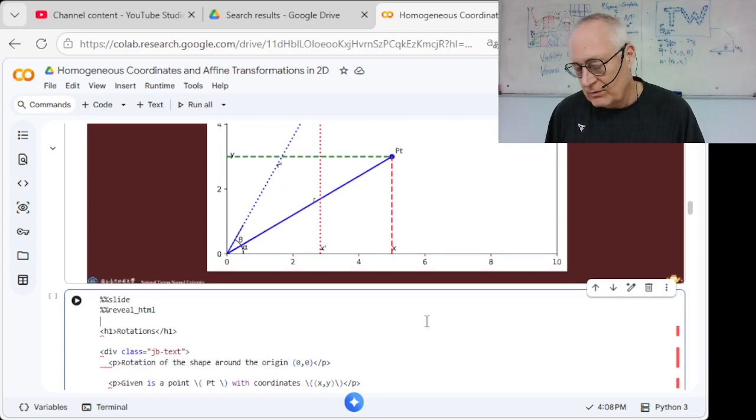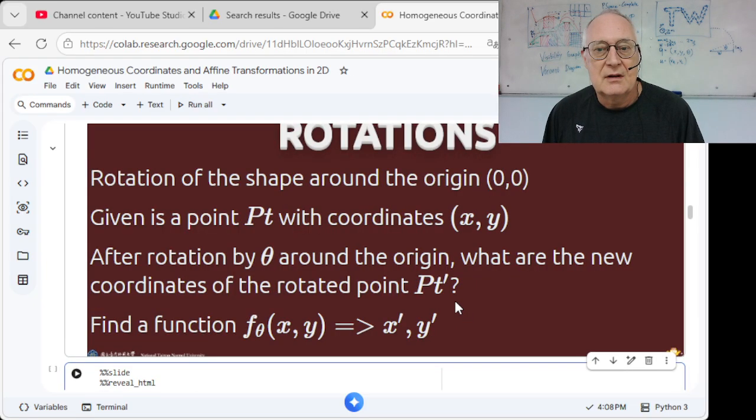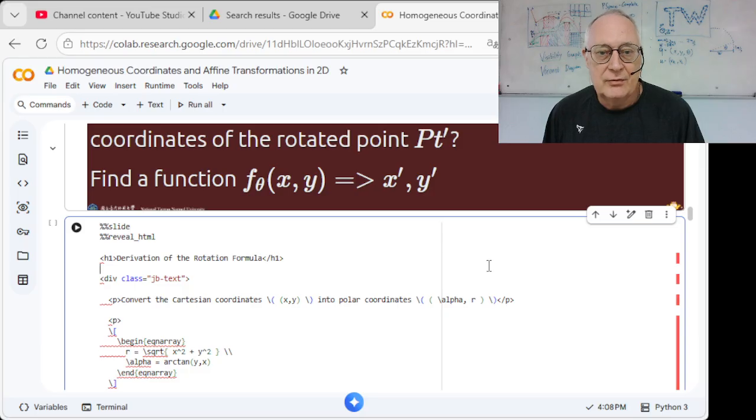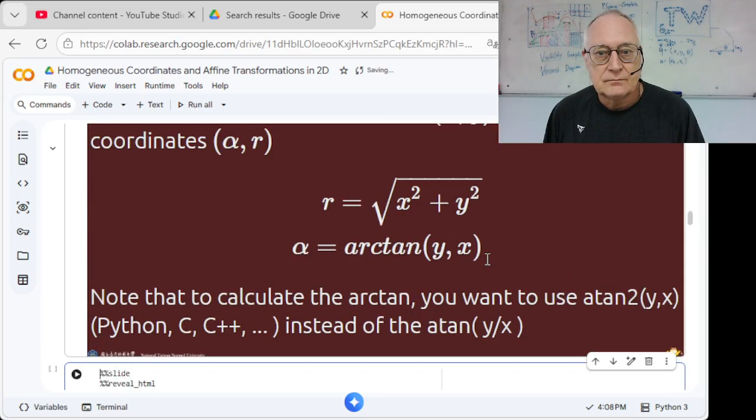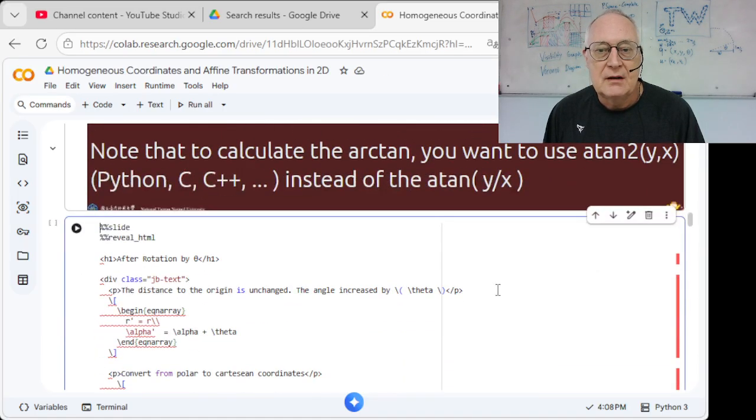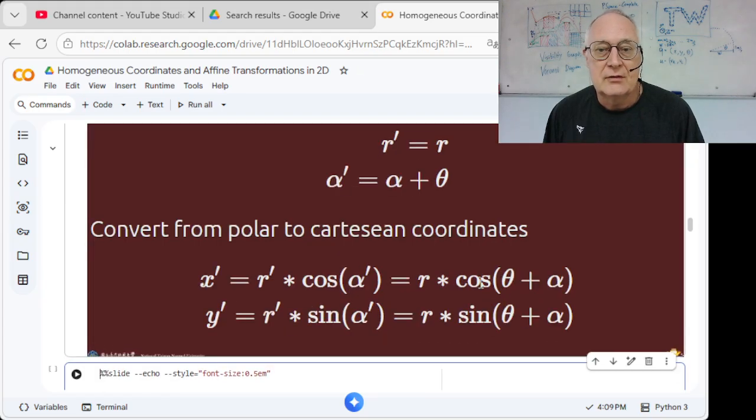But you can look through the red lecture slides here, which actually include the proof. It works by converting coordinates from Euclidean into polar coordinates, then doing the rotation, then mapping it back to Cartesian coordinates.